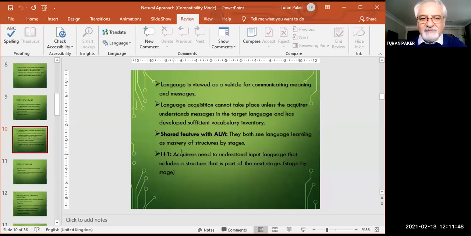And I+1, which is another idea of Krashen's hypothesis, means acquirers need to understand input language that includes a structure that is part of the next stage. When you bring materials at the level of students, they say, well, I know this. So it should be a bit challenging.